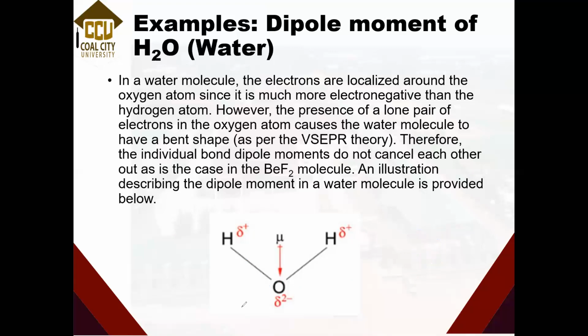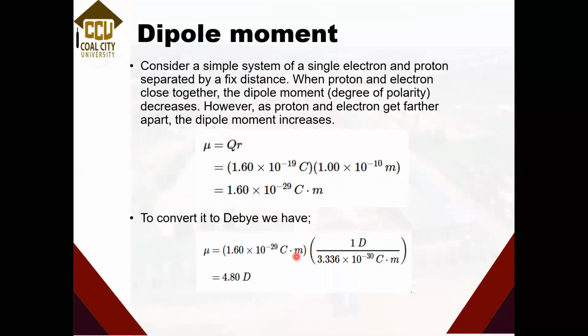Okay, let us proceed. Let's see a little bit more on how to calculate dipole moment. Let's consider a simple system of a single electron and proton separated by a fixed distance.